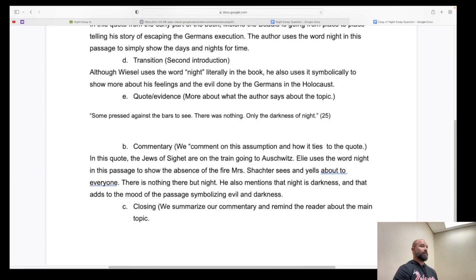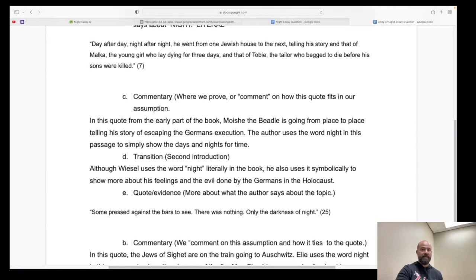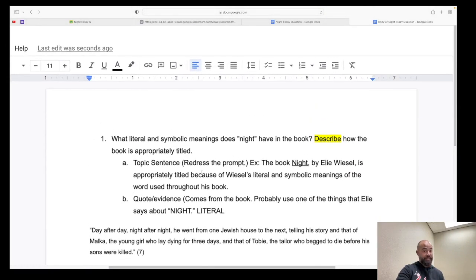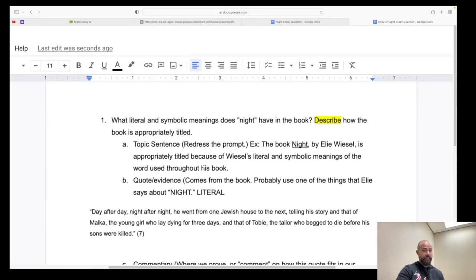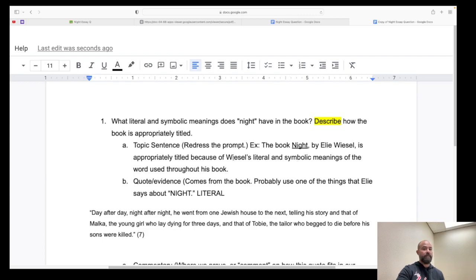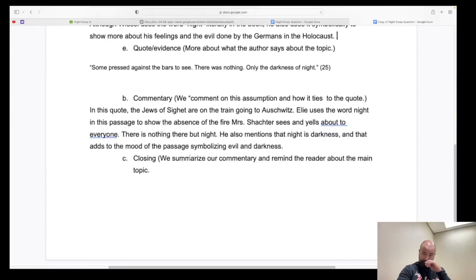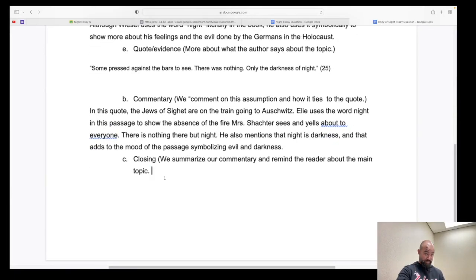Now I'm going to the closing statement. Okay, I'm just summarizing my commentary and reminding the reader about the main topic. Remember, the main topic is my topic sentence. I'm reminding them about the book being appropriately titled. Okay, and I'm going to lead with that. The book, Night.